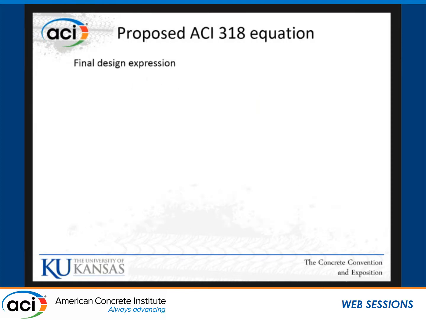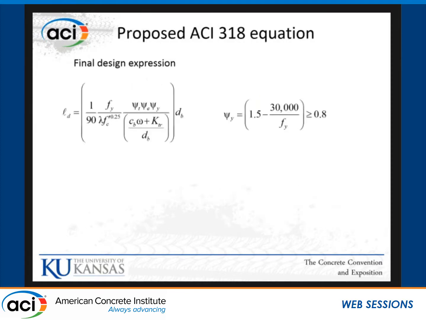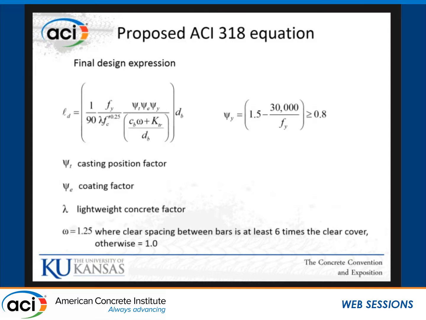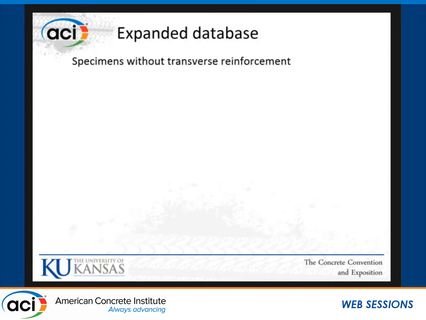Now, the final design expression, after incorporating the modification factors for casting position, coating factor, and lightweight concrete factor, will have this form. After showing you the final design expression, now we are comparing the data that we have so far.